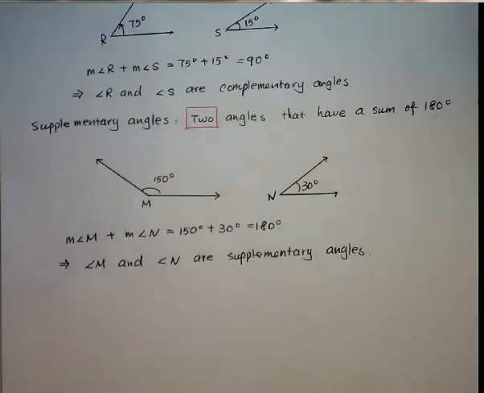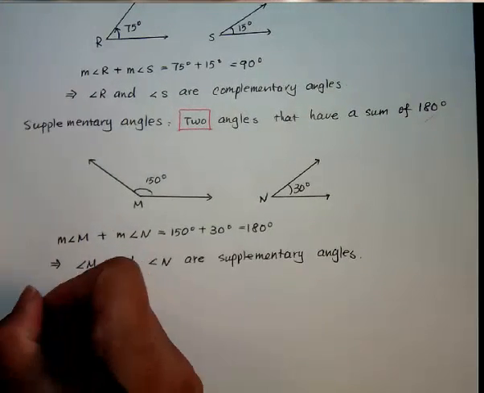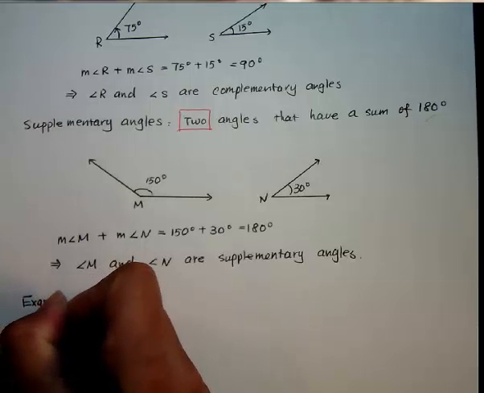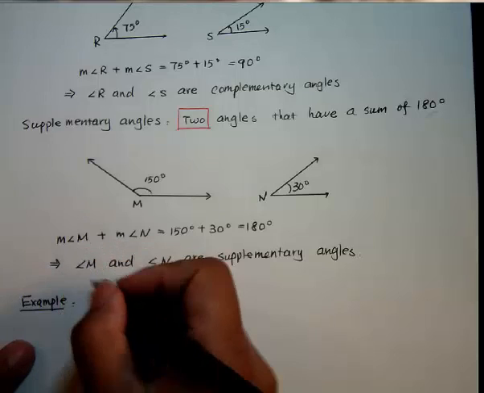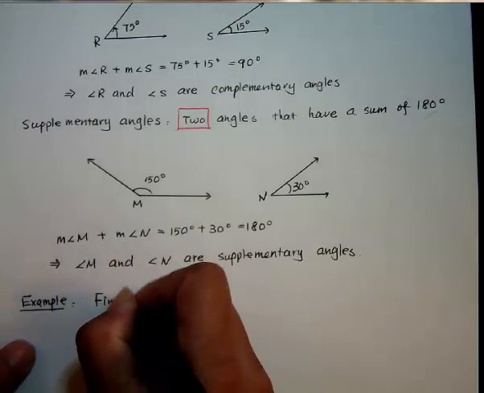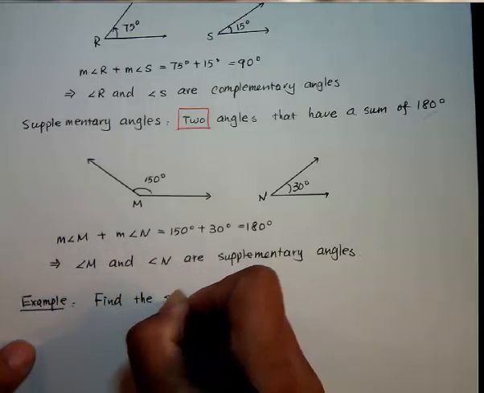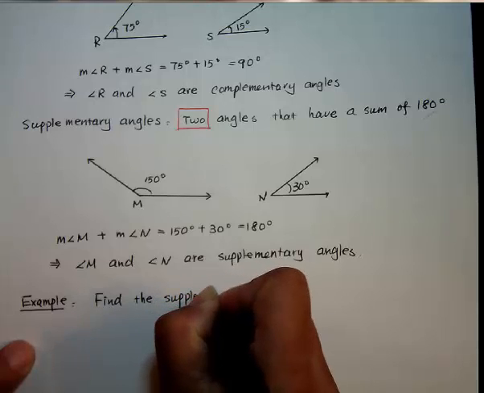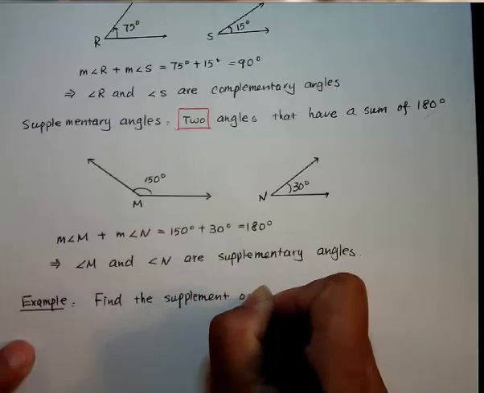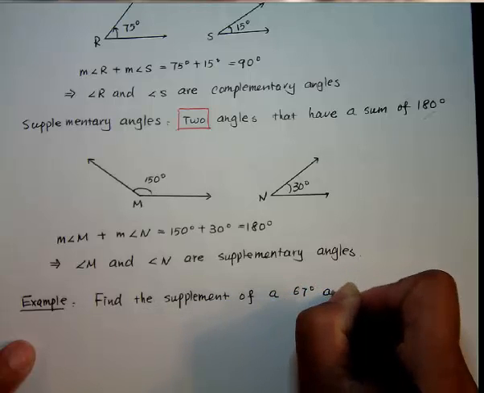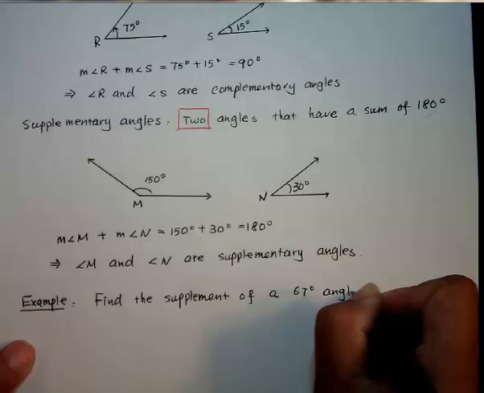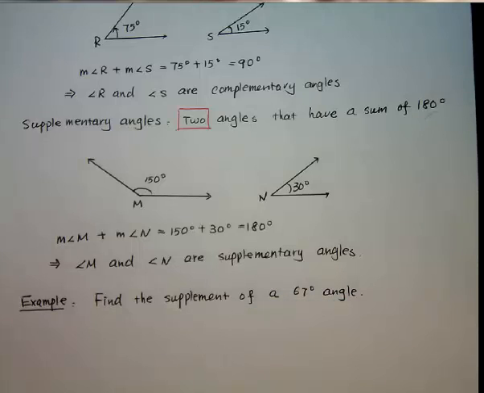Let's take a look at another example. We are going to find the supplement of a 67-degree angle. Well, first we need to understand what supplement of an angle means.